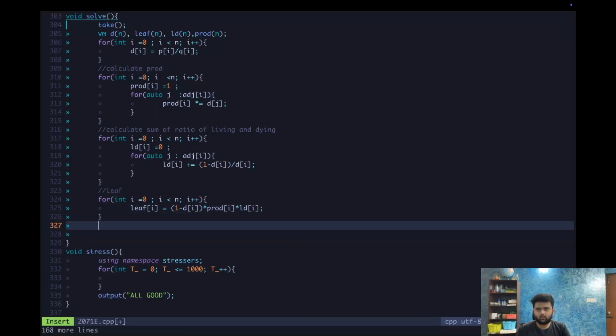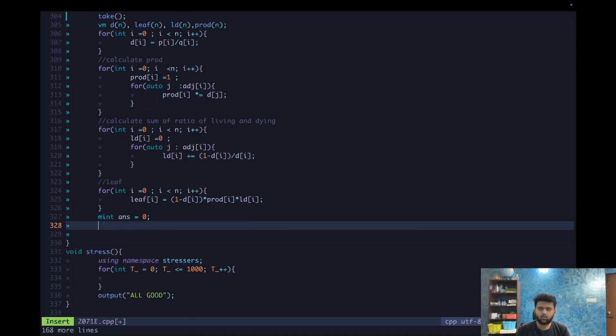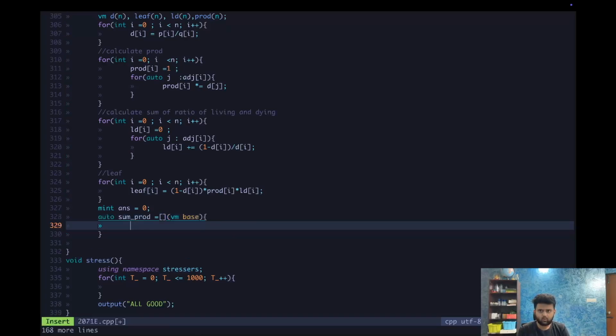Next we have our answer. Since the function getting the sum of products from a vector of fi is going to be used twice, it's better to make a lambda. So auto sum prod, which takes a vector as input; one would find the total and one would find the sum of squares.